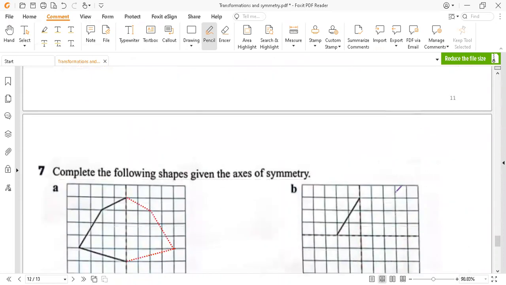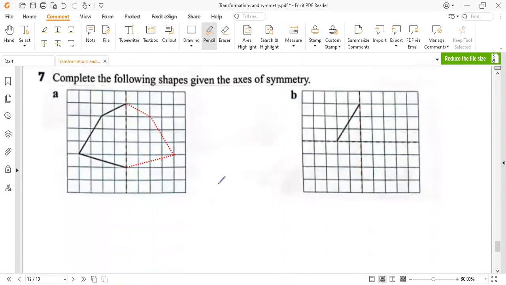Also, if they ask us to complete the following shape given the axis of symmetry, it is the same as having a reflection with respect to this line as the line of reflection. So we have this vertex, and this one, and this one.